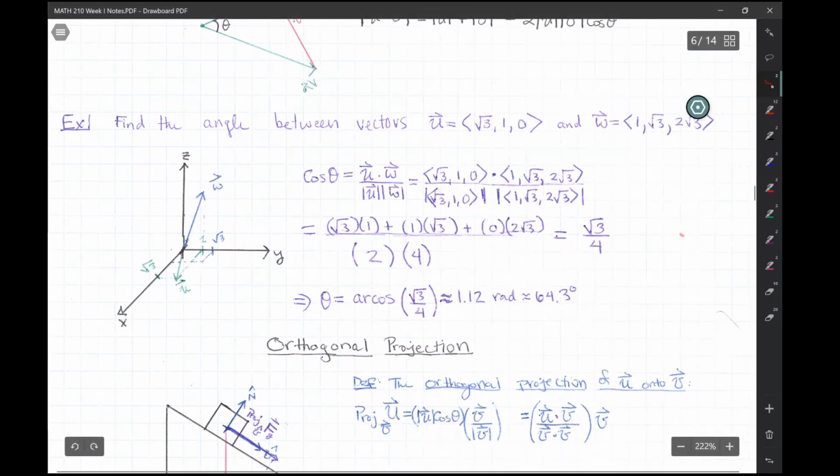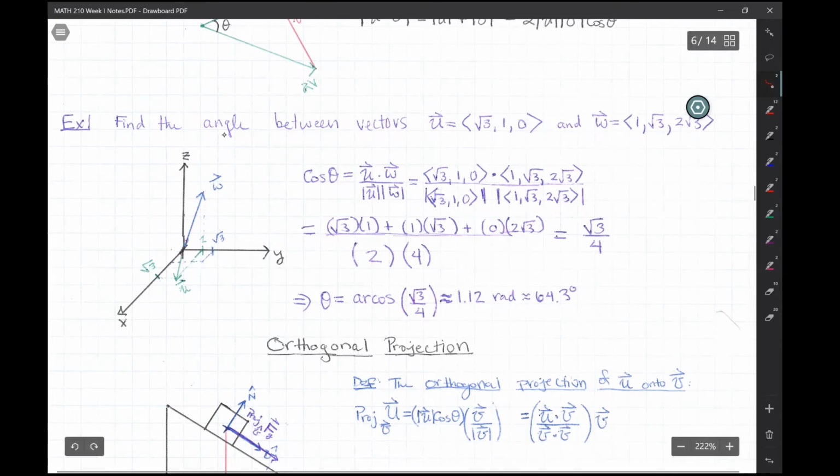So that's a nice formula, because if we're given two vectors, u and w there, we could actually find the angle between them. Here is a plot with u and w. Now these are three-dimensional vectors, so we have to draw them in x, y, and z space. And if we want that angle between u and w, first off, what do we mean by an angle between these two?